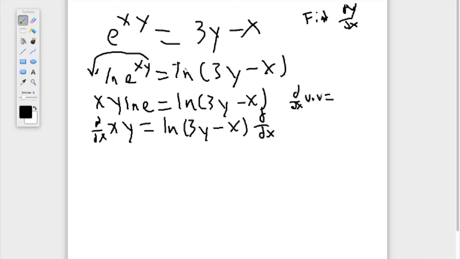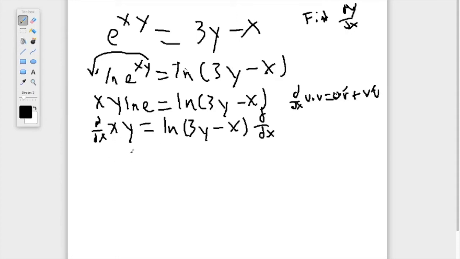When you take the derivative of this product, it is u prime times v plus v prime times u. So now let's apply it.